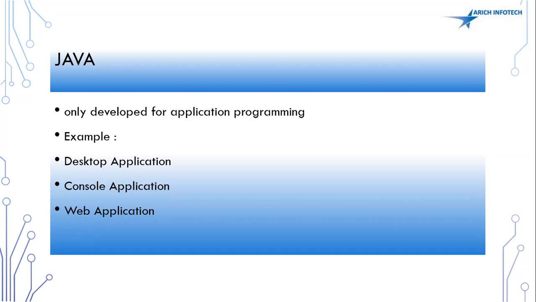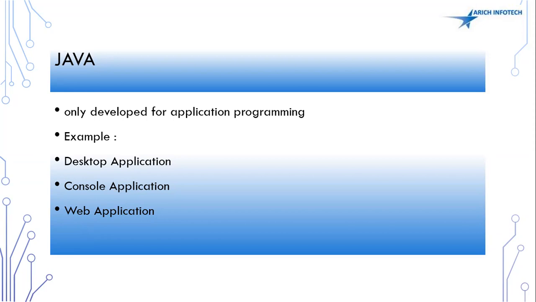Next, what is the use of Java? Actually, before Java, we had C and C++, and both languages are very strong. So why are we using Java? What is the purpose of Java? Actually, Java was developed only for application software. We cannot create system software on the basis of Java.